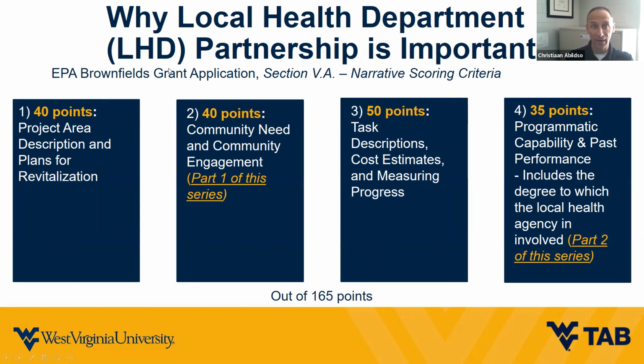When looking at the grant application, right, we always go to the rubrics and the scoring, how you'll be scored in your application. So there are two aspects where thinking about health needs assessments and working with health departments could be beneficial. First one, and I'll talk a little bit more about this as well, is community need and community engagement, right?